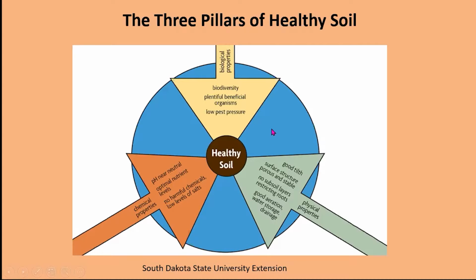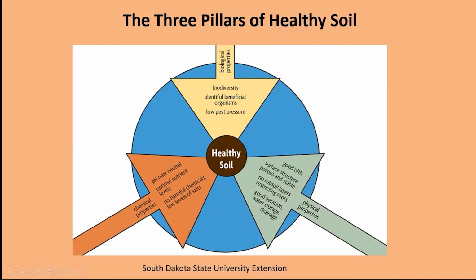Recently, we're finding out from research that there's a third pillar, and that is the biological properties that are inherent in the soil and determine its health. In our session today, we will only have time for the chemical and the physical properties, but if we incorporate the good cultural practices of these two, we can see that they will benefit and impact the biological properties as well.